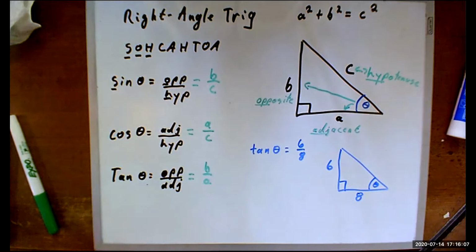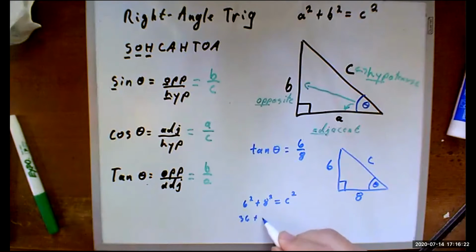With that, we can now go ahead and figure out our third side from our formula. So 6 squared plus 8 squared will get us c squared. Remember that c. So 36 plus 64 gets us c squared. 36 plus 64 is 100.